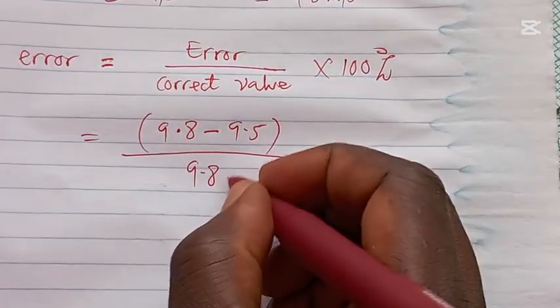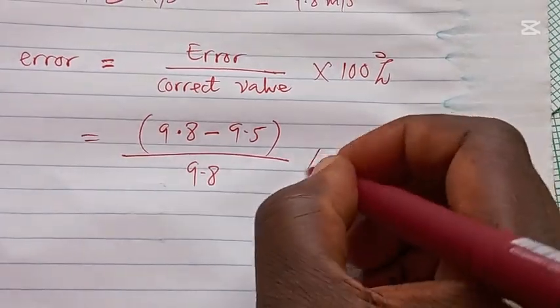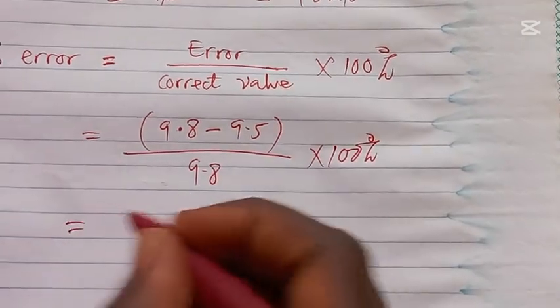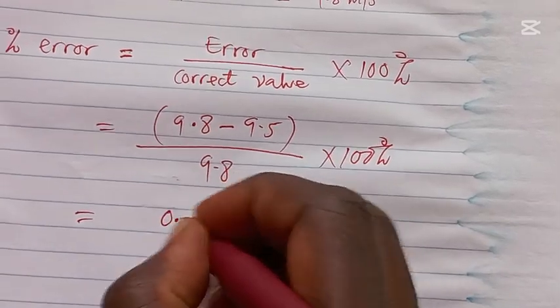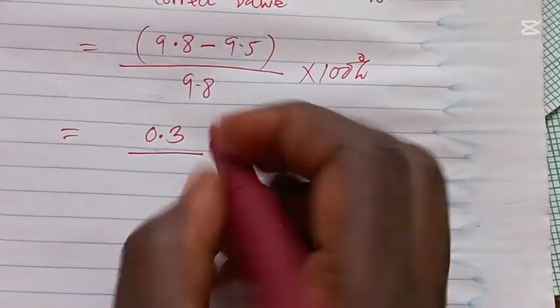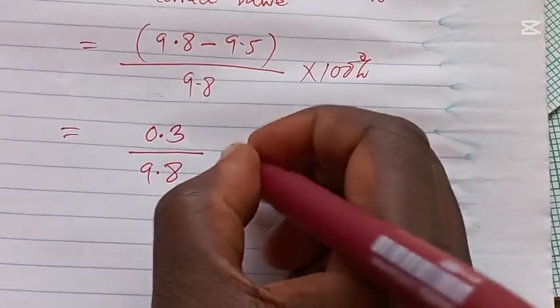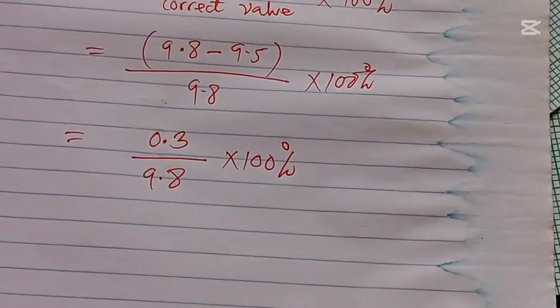The unit will cancel. I have meter per second square here, I have meter per second square here, so the two will cancel, so I don't need them. Now 9.8 minus 9.5, this will give me 0.3. Okay, now divided by 9.8, and then I have to multiply this by 100. So let's do that using our calculator.